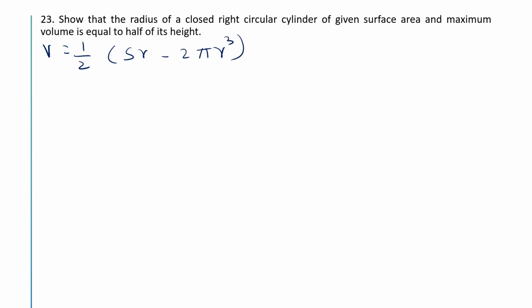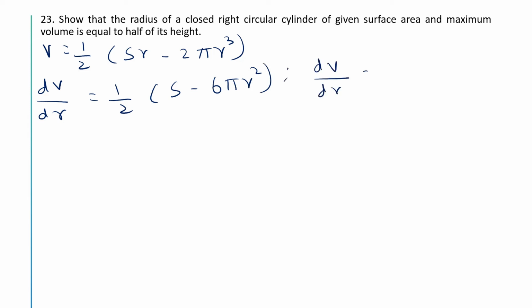Now we have to maximize this volume. So for that we have to find the critical points and then find the point of local maximum. So for that dV by dr is equal to half into S minus 6 pi r square. So dV by dr equal to 0 implies S minus 6 pi r square equal to 0, or we have r is equal to plus or minus root of S by 6 pi.